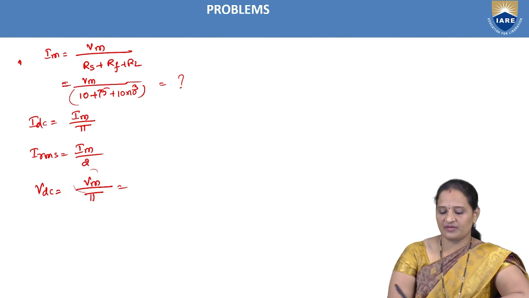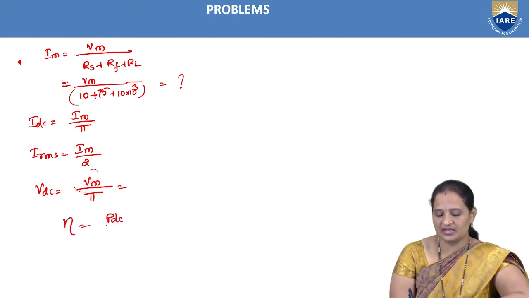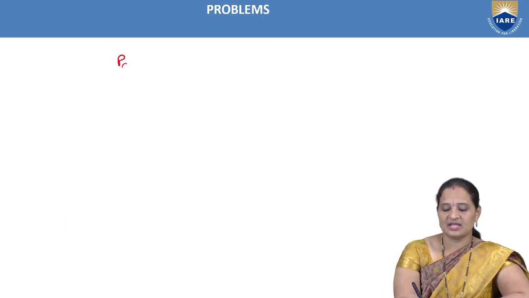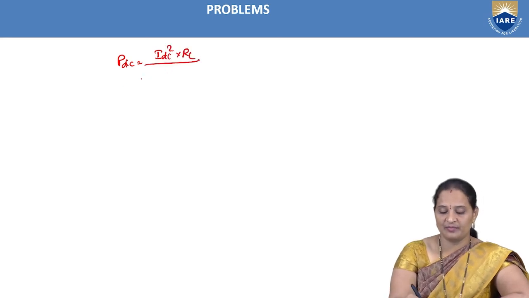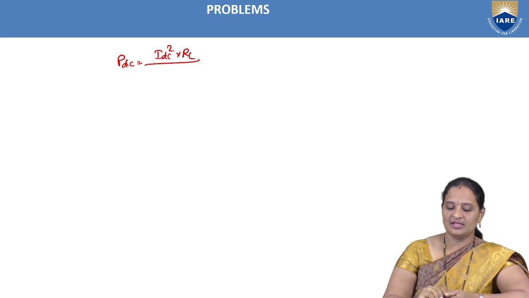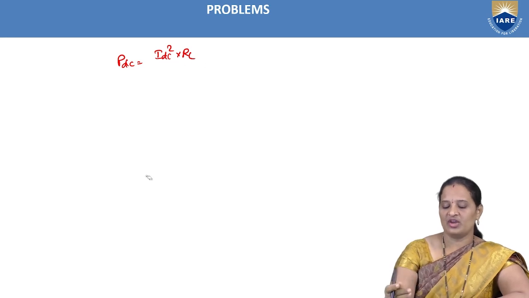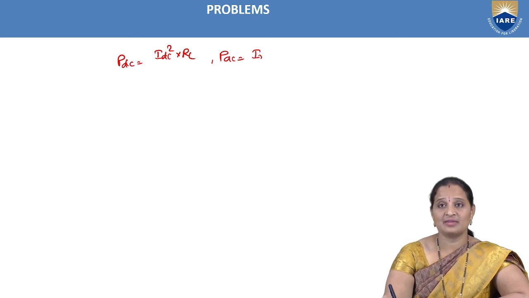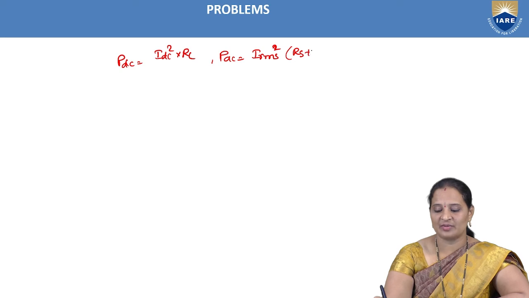So efficiency of rectification is given by PDC divided by PAC, where PDC is nothing but IDC square into RL, whereas PAC is given by IRMS square into Rs plus Rf plus Rl.